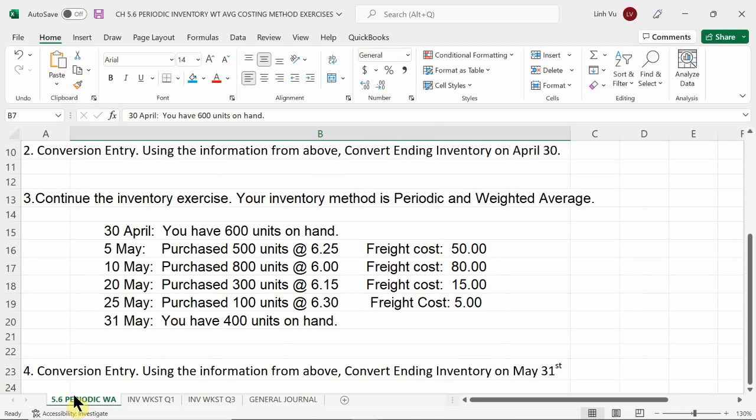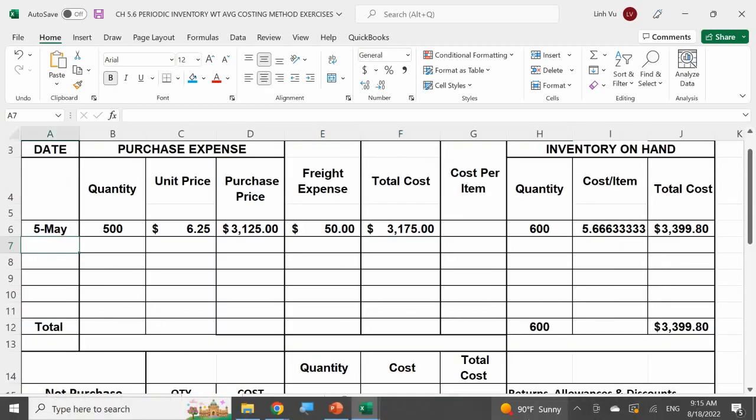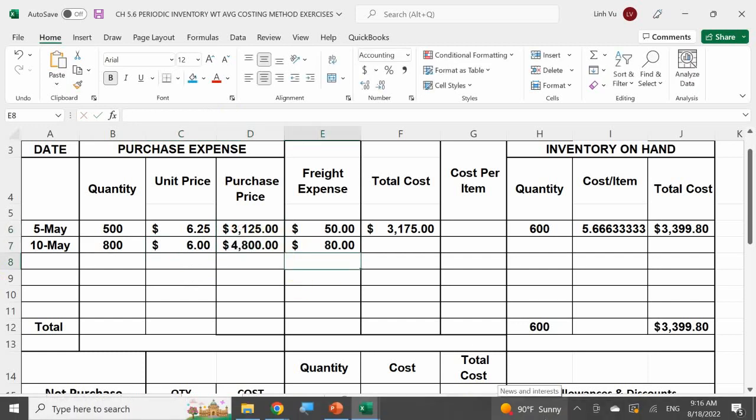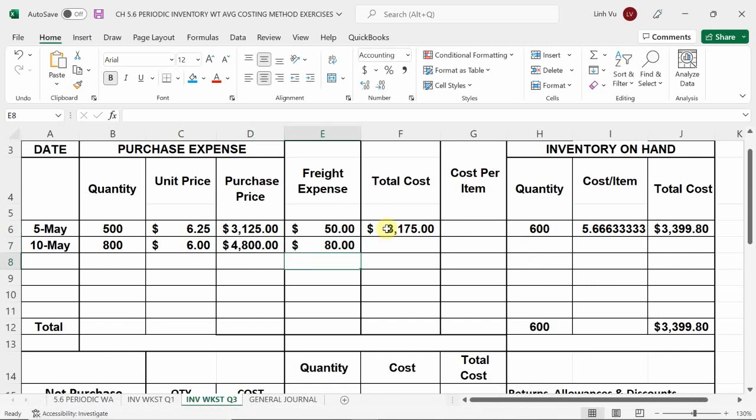May 10 is next. We purchase 800 units at $6 each with a freight cost of $80. That's 4,800, plus $80 worth of freight, which is 4,880.